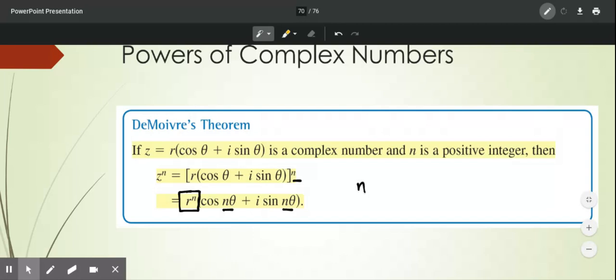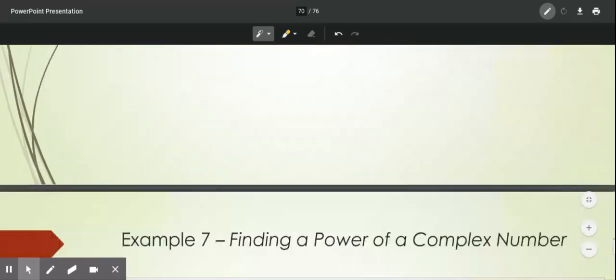And n is the power that you're raising your complex number to. So if you were raising it to the 7th power, we would do r to the 7th, and we would do theta times 7. And that's what that formula says on your formula sheet. So make sure that you see that that's on there. You don't have to have it memorized.